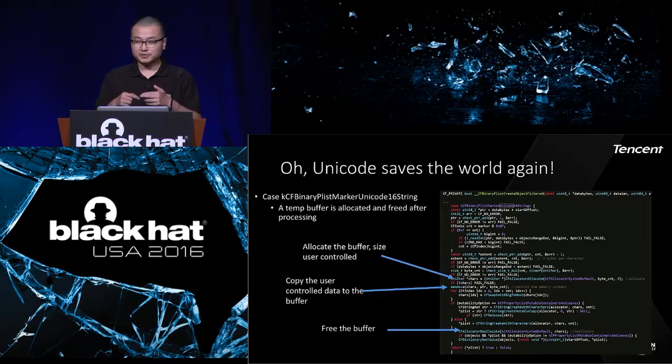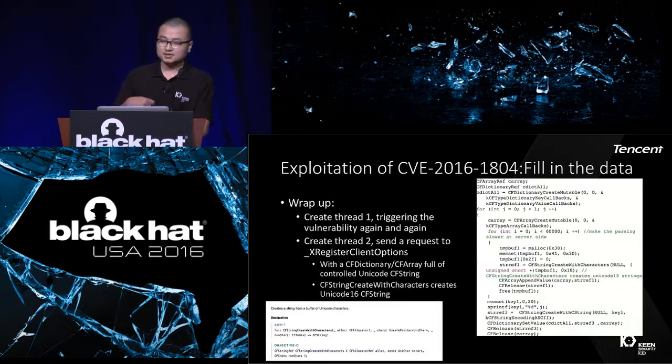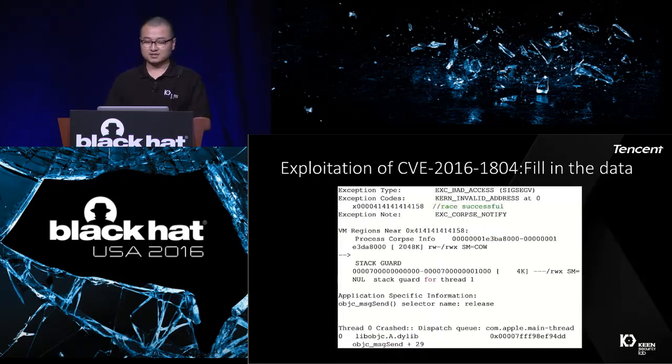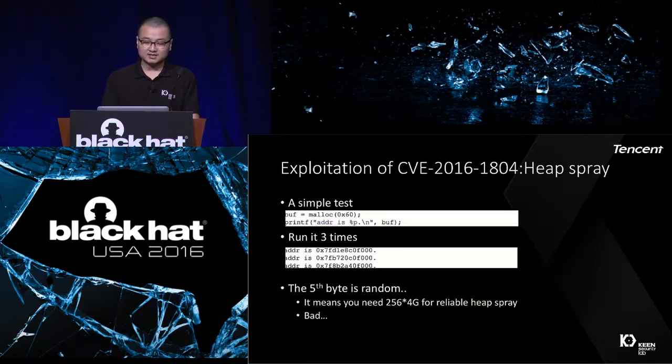So with this primitive, actually we have a very well-controlled buffer with controlled size. And even though it is freed, the content of that buffer remains the same, so it's perfect. So we adjust our strategy to use this logic. And finally, we got the control of one register, which is good. And the next thing we are thinking about is heap spray.